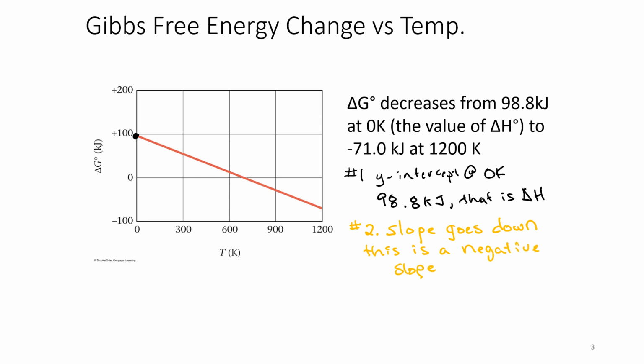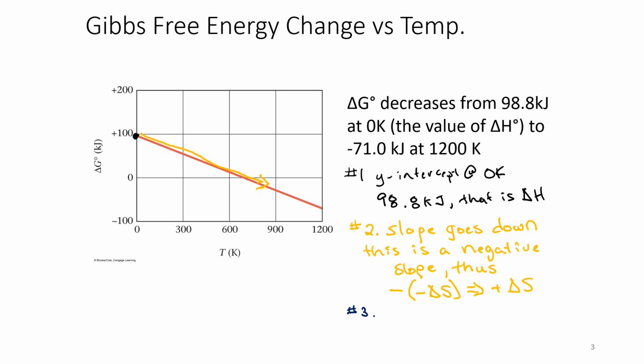This is a negative slope, going down from left to right. Remember that our slope is the negative delta S, so a negative slope means we have a positive delta S overall.